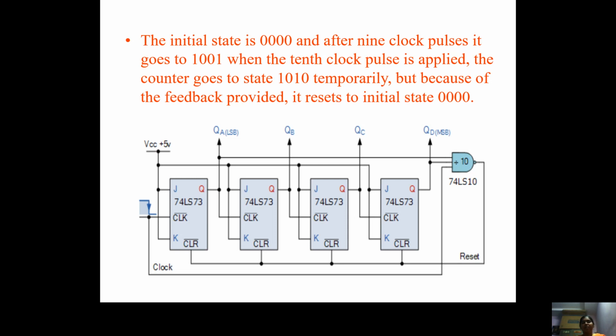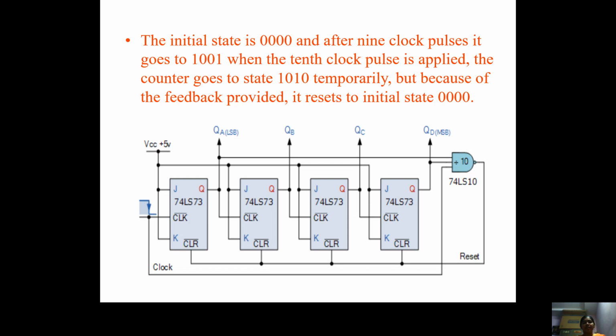Here we have taken one NAND gate at the last flip-flop, whose inputs are coming from the last flip-flop, QD, and the first flip-flop, QA. Whenever QD and QA are 1, the output will immediately be 0.